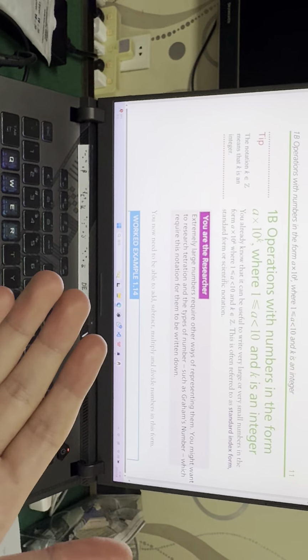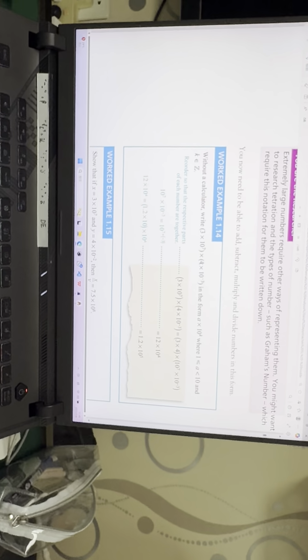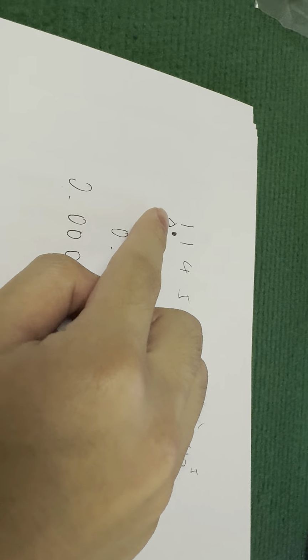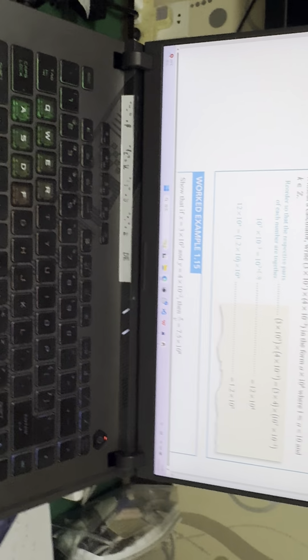Also I want to explain why we most of the time use this form: because it's easy to multiply or divide them. For example, in this case, because we have common bases, we can just multiply them together according to the law we learned. Because the numbers here are all more than 1 and less than 10, if there are not too many digits after the dot, multiplying them together is faster and convenient. For example, 3 times 4 equals 12.